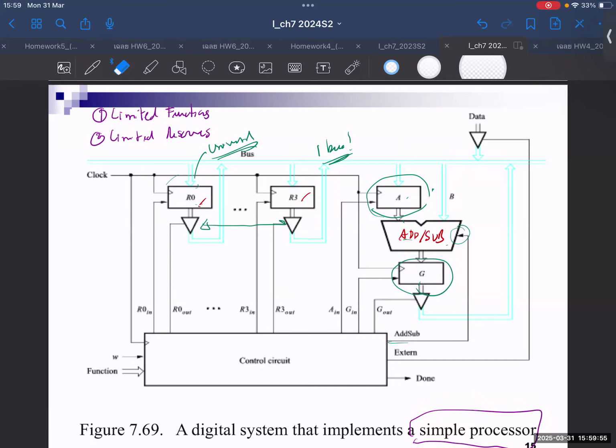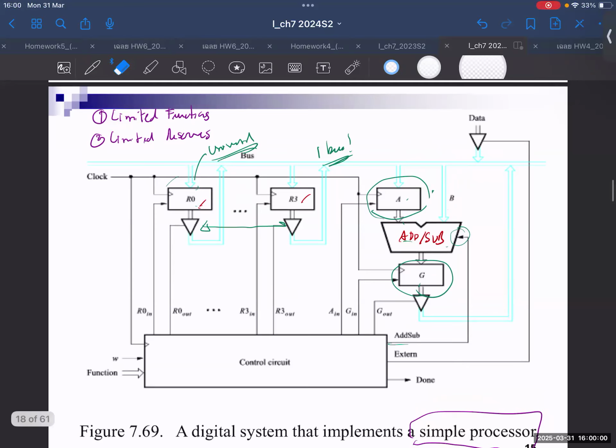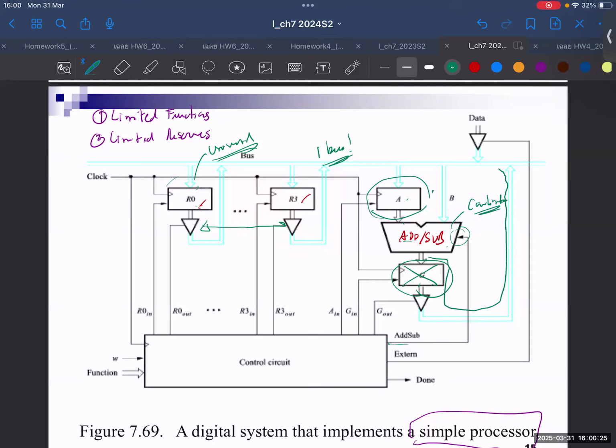Okay, and if you do that, when you add them together, once the result is finished, why do you need G? Do you have any idea? Because these are combinational units. So what does it mean? Combinational means you cannot stop. Once the output is released, let's consider if you don't have G, the output will come out and go back there.